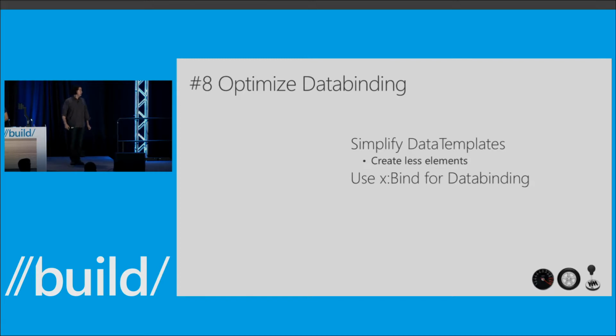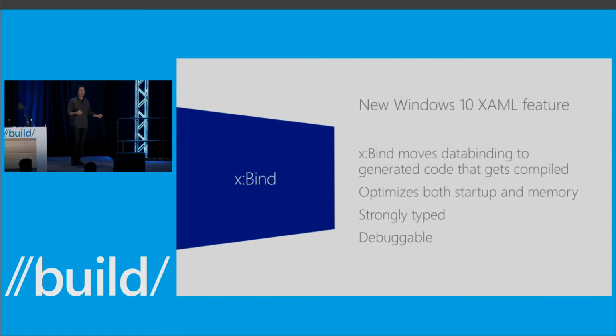The second part of this guideline is use x:bind for data binding. And what is x:bind? x:bind is our new Windows 10 feature. Historically, our binding has been a performance bottleneck. And with x:bind, we're doing more of the work, so it's all compiled code. So we're doing more work at compile time.